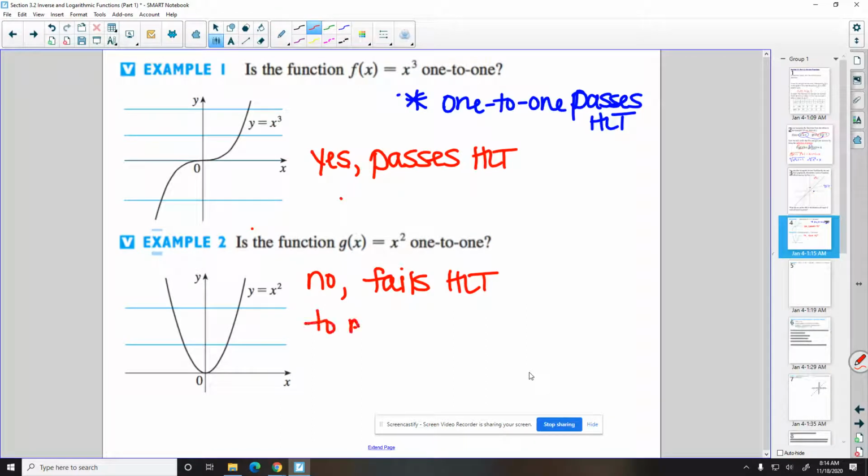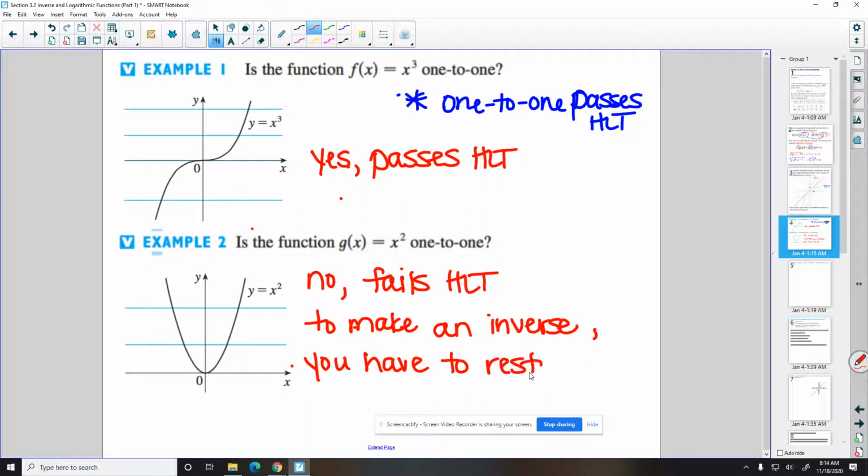I'm going to write all this down so you have it for your notes. But to make an inverse for this function, you have to do a little extra work because it's not 1-to-1. The extra work is you have to restrict the domain.